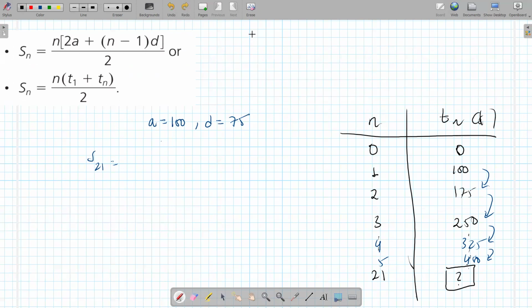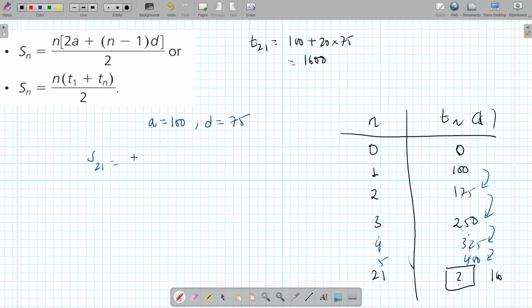So if you want to use the bottom one, you'll first find T21 by doing A plus n minus 1, so 21 minus 1, which is 20, times D, like that. So that's 1600, I believe. So you need to first find T21, which is going to be 1600, and then you can use the bottom one.